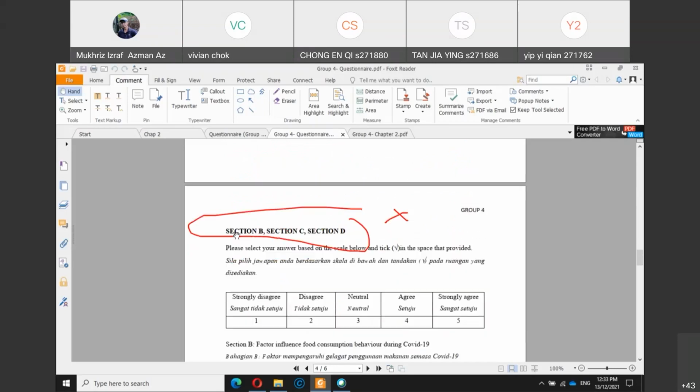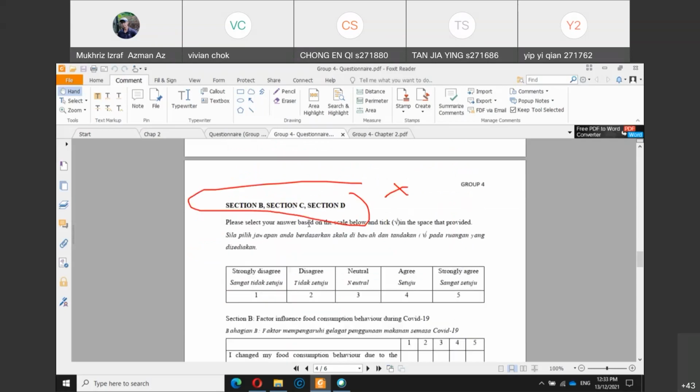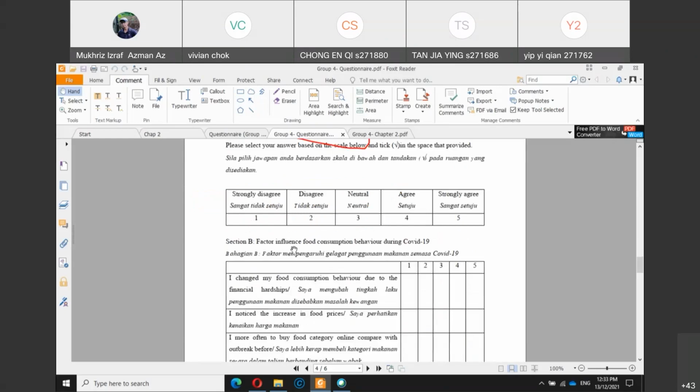So section B, C and D, you don't combine B, C and D under one heading like this: factors influencing food consumption behavior during COVID-19.